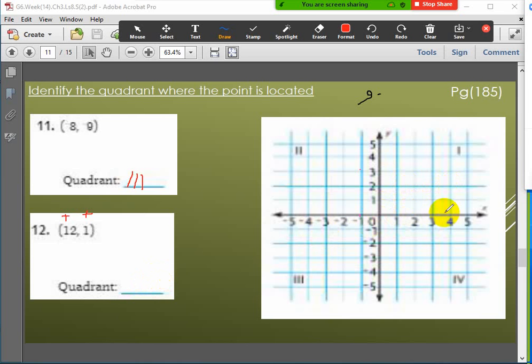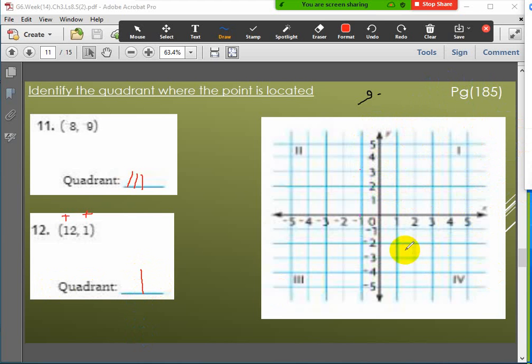In which quadrant? The x is positive and the y is positive. That means this is the region, the first one. That means the first quadrant, number 1, because x is positive and y is positive. Okay. Thank you, Rolling.